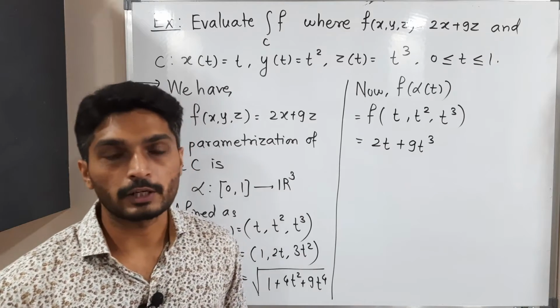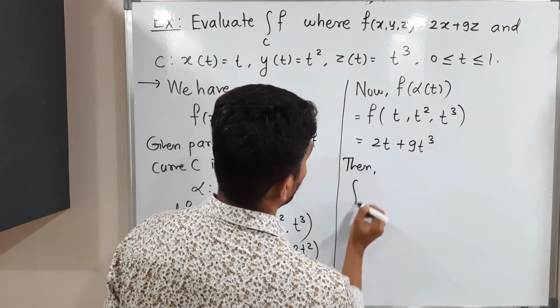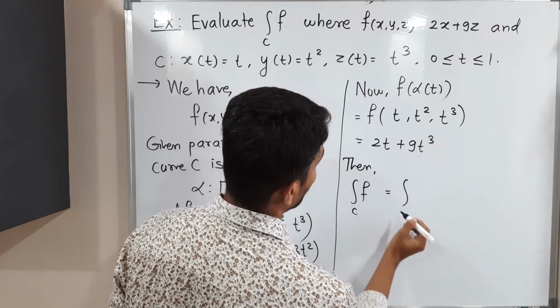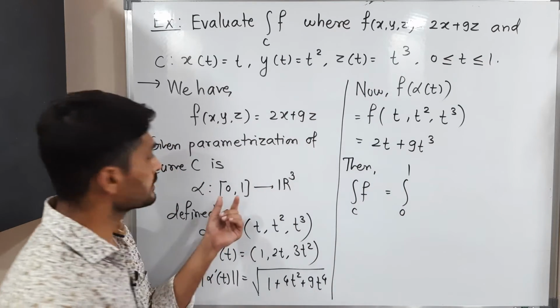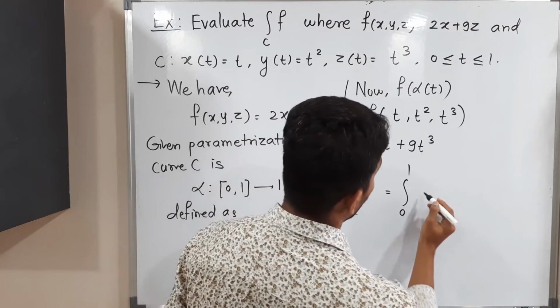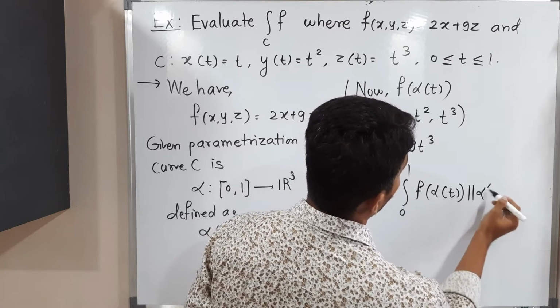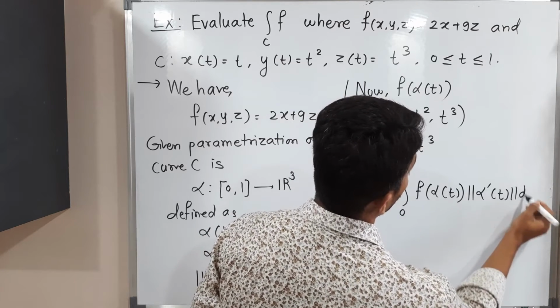So we have all the basic things. Let us start to calculate the line integral. The integration of f over C is equal to the integral from 0 to 1, since alpha is defined on the closed interval 0, 1, of f of alpha of t times the norm of alpha dash of t dt.